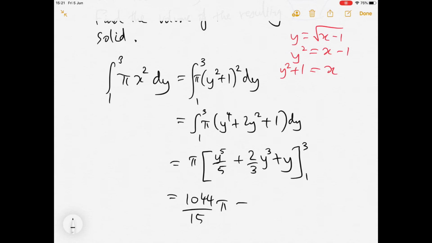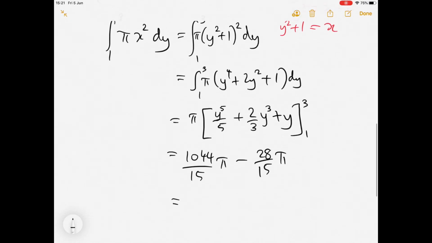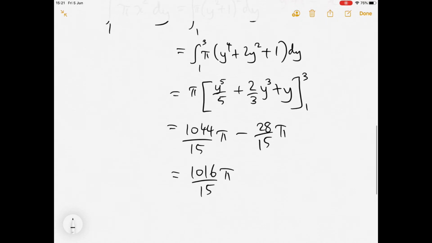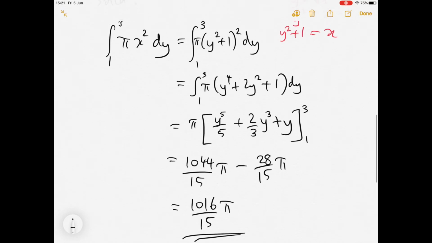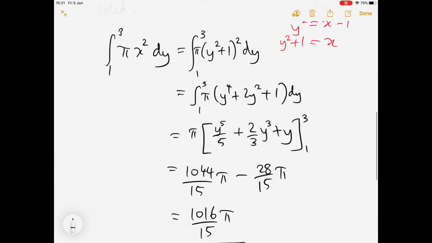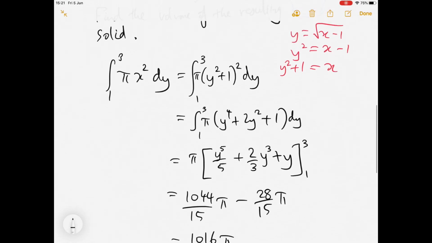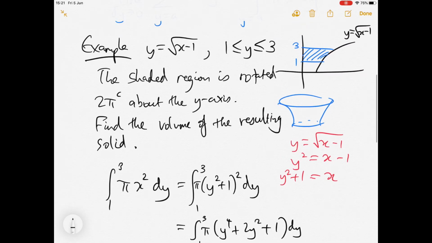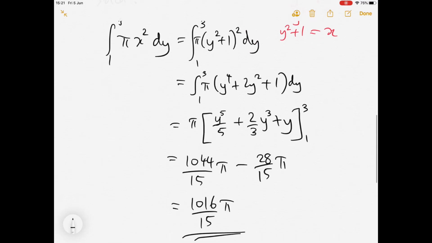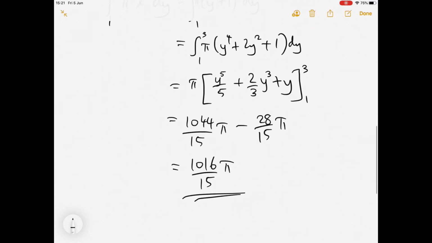And if we put in the bottom limit, we get 28/15 pi. So the answer is 1016 over 15 pi. And that's it. So it's quite nice to leave answers in terms of pi, well, I mean, you have to do that if you're asked to give an exact answer, but if not, of course, it doesn't matter.